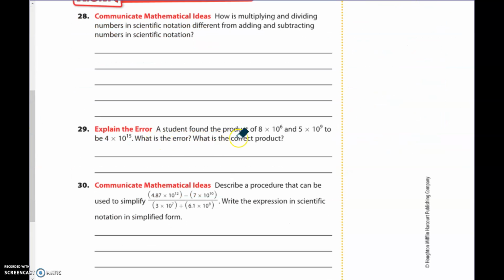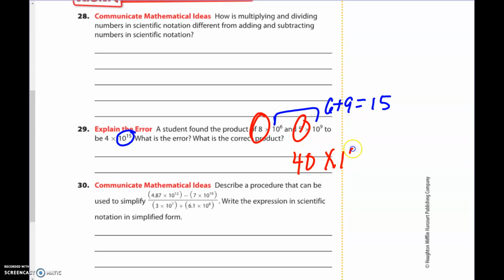All right, and then number 29 was the last problem. A student found the product of this times this to be this. Okay, what is the error? Well, let's see. We got 10 to the 15th. So remember, when we're multiplying, we add exponents. Okay, 9 plus 6 is 15, so that looks right. And then we have to multiply the multipliers together. So we have 8 times 5, so it should be 40 times 10 to the 15th power.